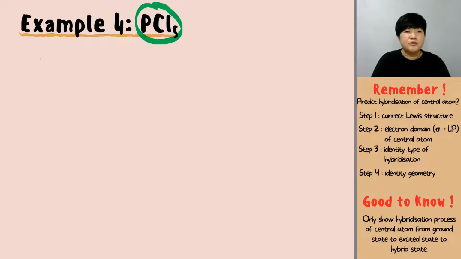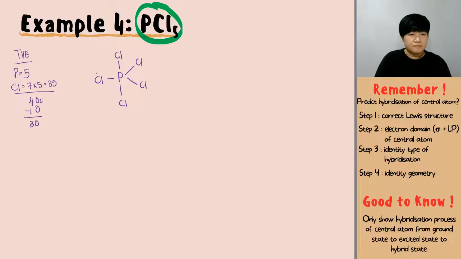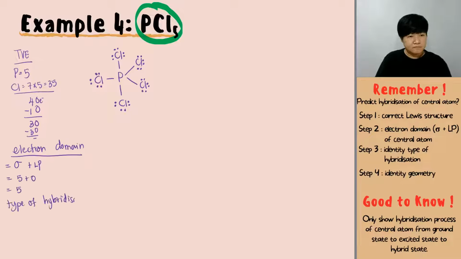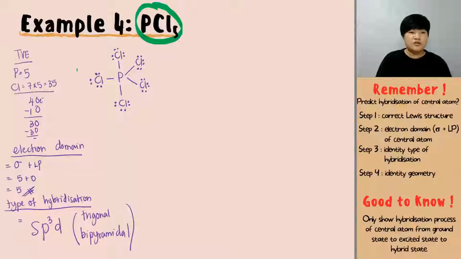Just let me quickly show you from the Lewis structure until the molecular geometry. So we are done with the first step of Lewis structure. The second step is electron domain.